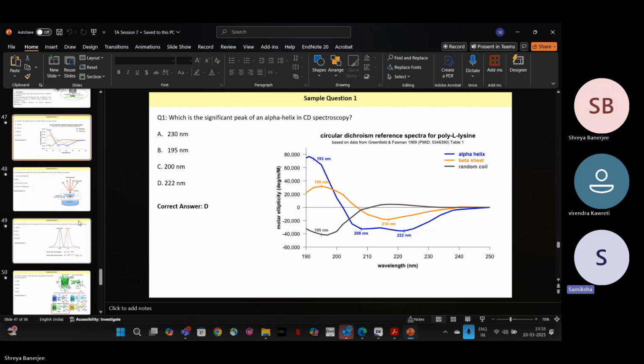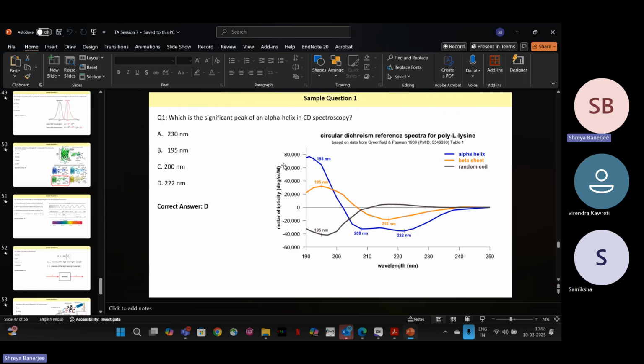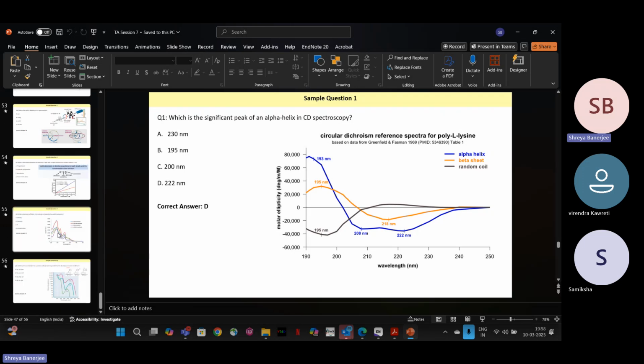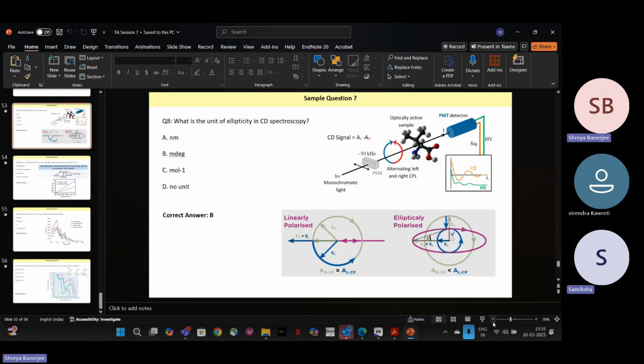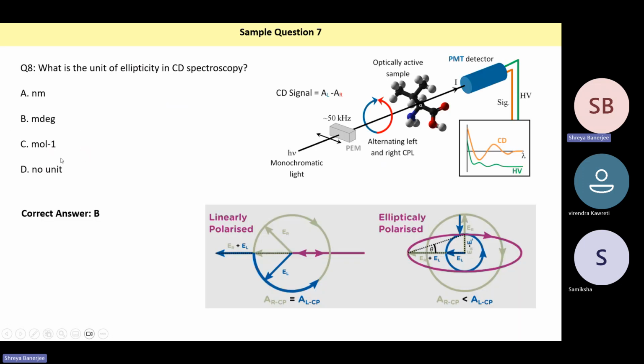If it is molar ellipticity, it will be per molar. If it is only ellipticity, it will just be degree. So here we are talking about only ellipticity, so the unit is degree or millidegree, whichever you want to take. That is why the answer is B, millidegree. If it was molar ellipticity, then it would be millidegree per mole.